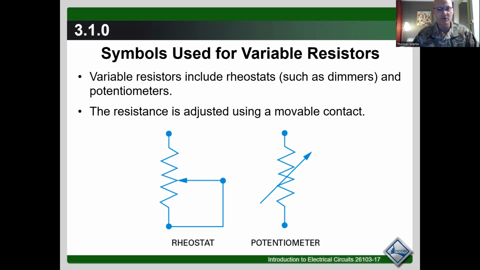And you may have seen those, for example, when you walk in a room and you're able to dim a light. That's a variable resistor. Essentially, you're adjusting the amount of voltage flow. If you have it wide open, it's around 120 volts. If you're bringing it down, you may bring it down to 40 volts, which gives that light just a little bit of illumination. So now the resistance is adjusted using a movable contact.